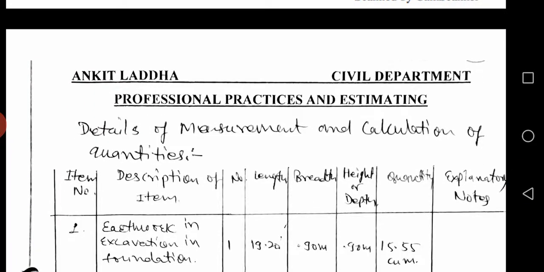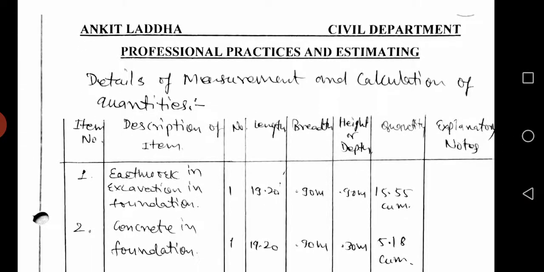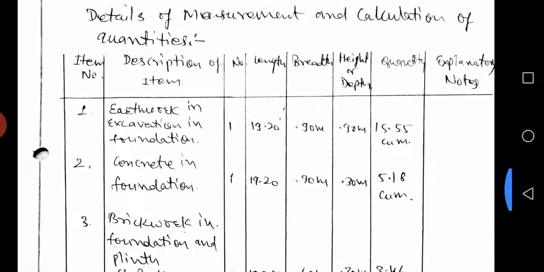Then we prepare the details of measurement and calculation of quantities sheet. In this table, first is item number, then description of item, number, length, width, height or depth, quantity and explanatory note. In the question, first is the earthwork in excavation in foundation.